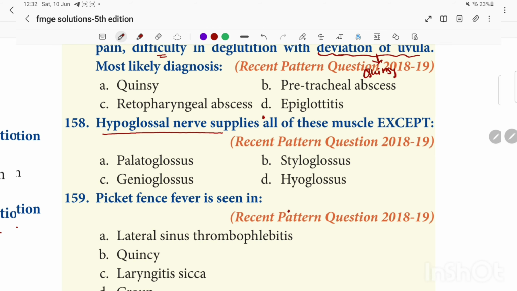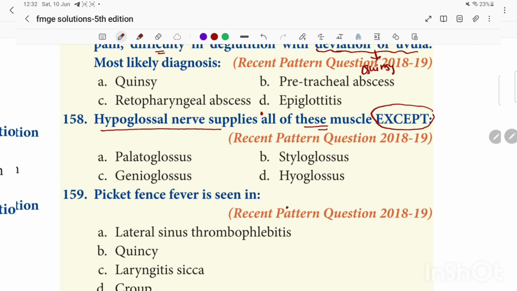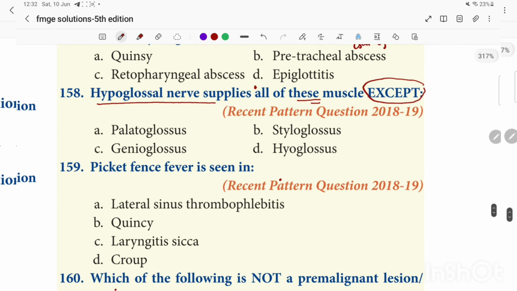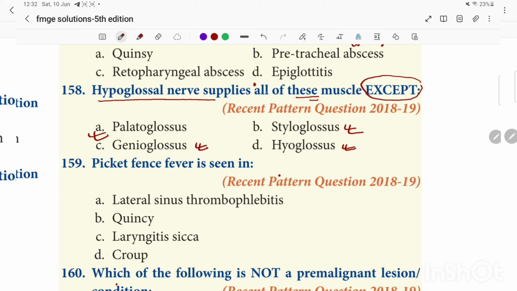Hypoglossal nerve supplies all of these muscles except: styloglossus, hyoglossus and genioglossus are supplied, so palatoglossus is not supplied by the hypoglossal nerve. So the answer is palatoglossus.